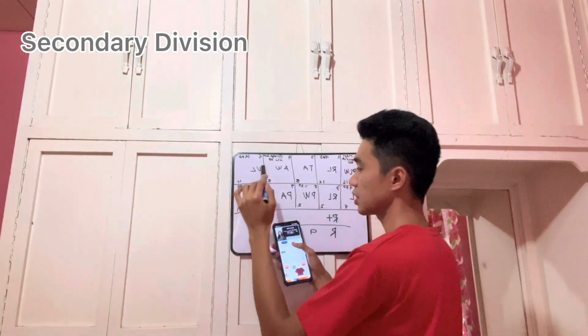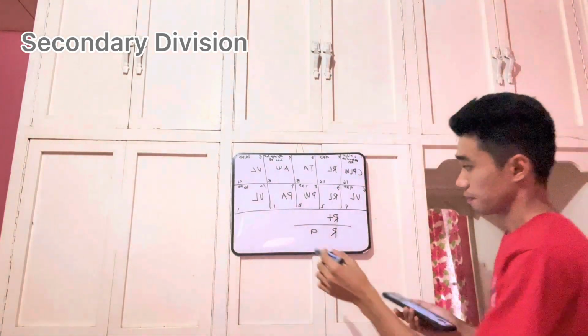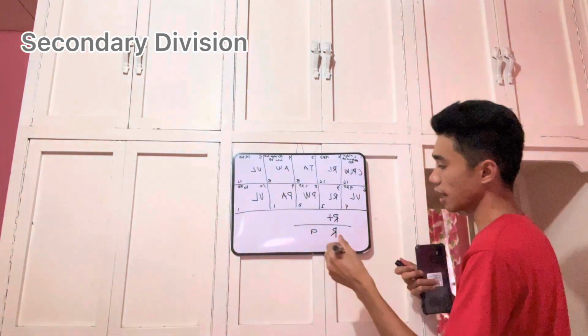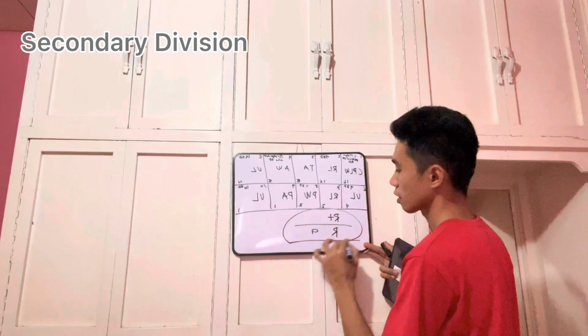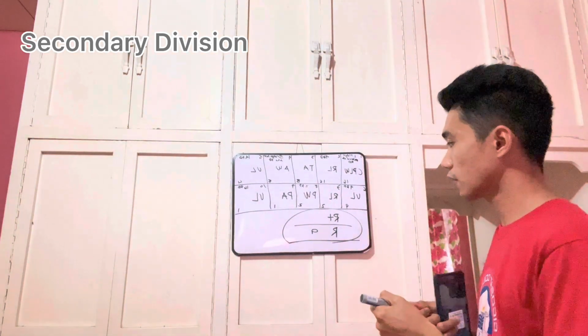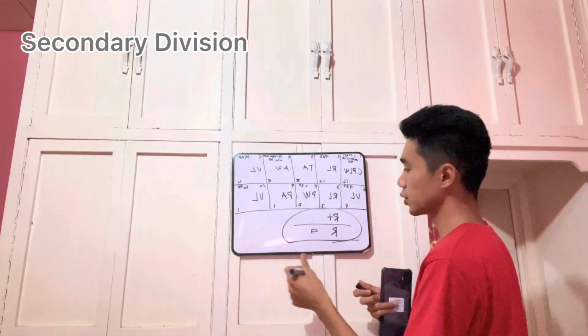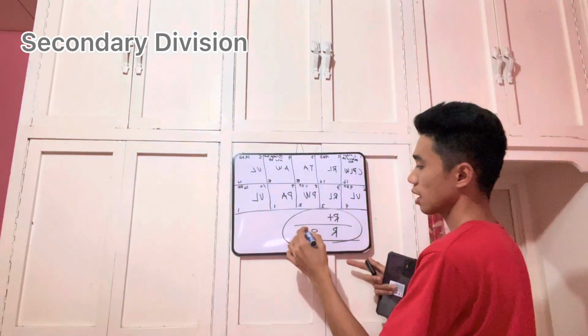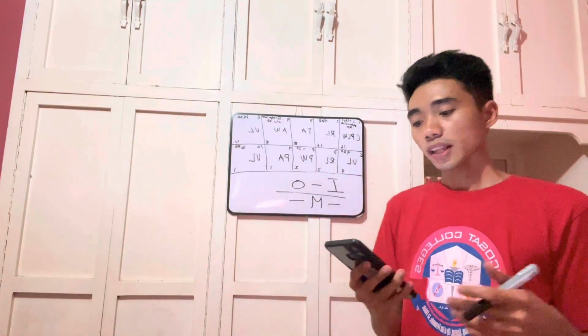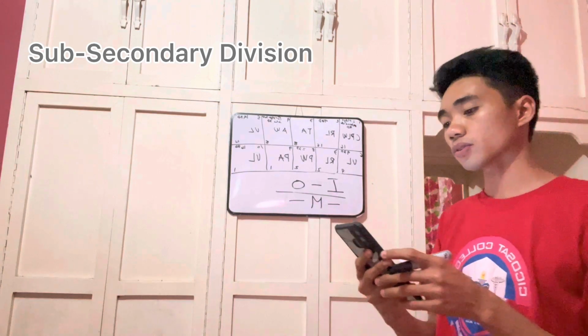Ulnar loop. So, hindi siya kasali. So, this will be now the result of the secondary division. This is now the final answer. So, next division is the subsecondary division.